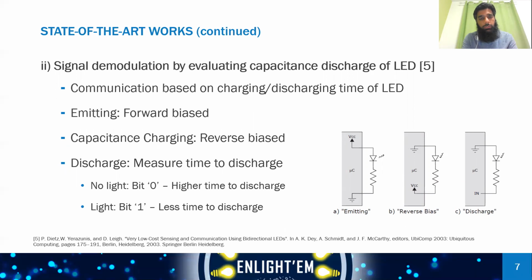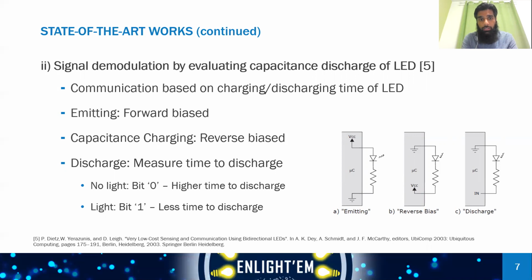Then researchers proposed LED to LED communication based on the charging and discharging time of the internal parasitic capacitance of the LED. You can see in the figure that when they are using just a single microcontroller as an emitter, the LED is forward biased, and then in the receiver phase, first it is reverse biased to charge the internal capacitance of the LED, and then it is exposed, and they measure the time to discharge.